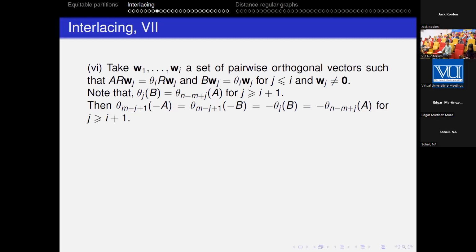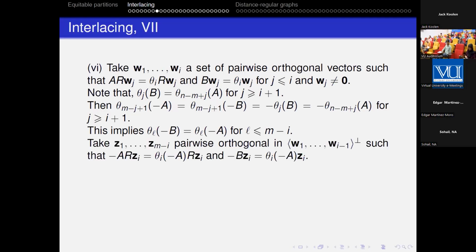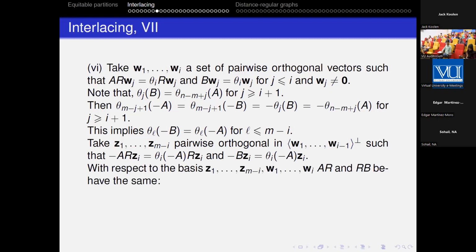Yes, and the first J or M minus J eigenvalues of minus B are the same as the first M minus J eigenvalues of minus A. So we can use the same. So we get this situation. And then we use 3 again now for minus A minus B. And then we get everything the same.